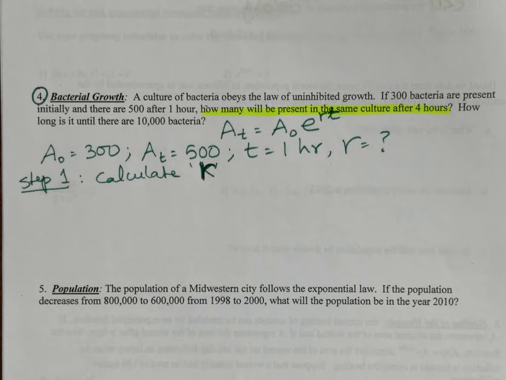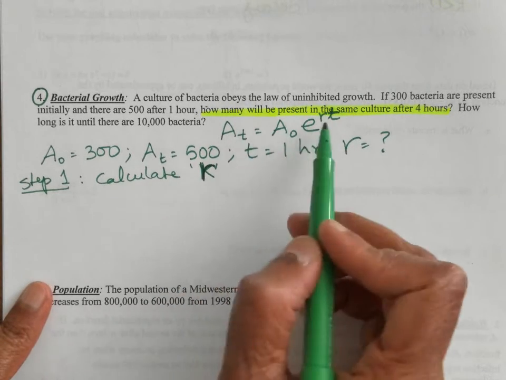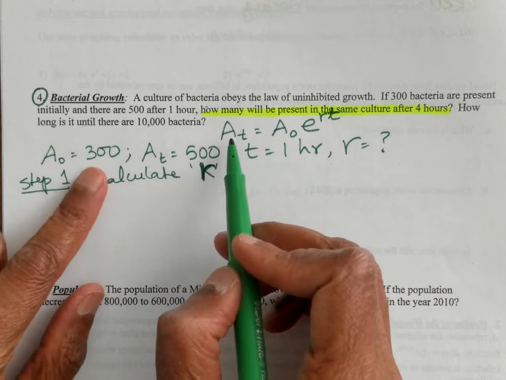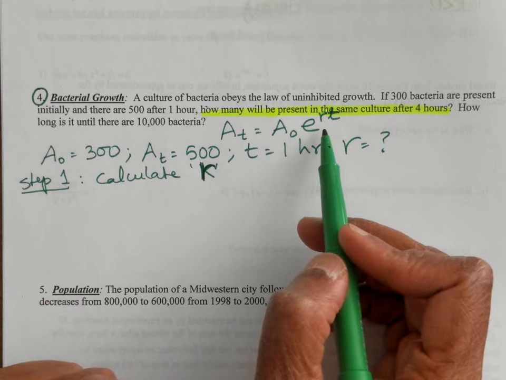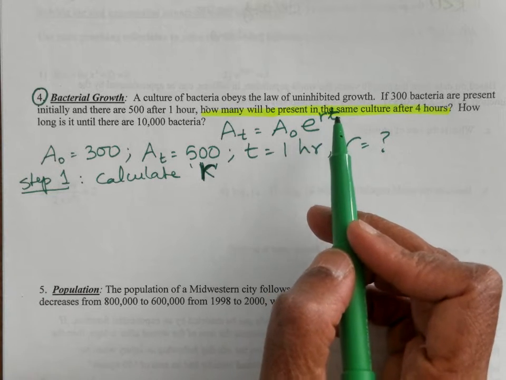Okay, so can we all write down our formula and fill everything in except R? Because I know A0, e is a constant, remember, R is the unknown, T is 1.